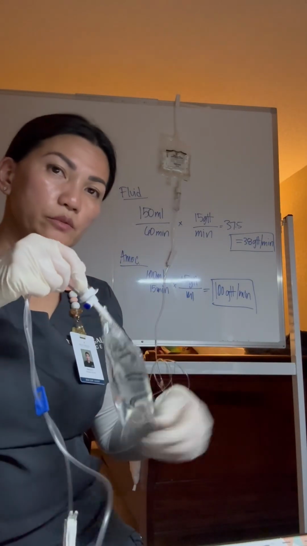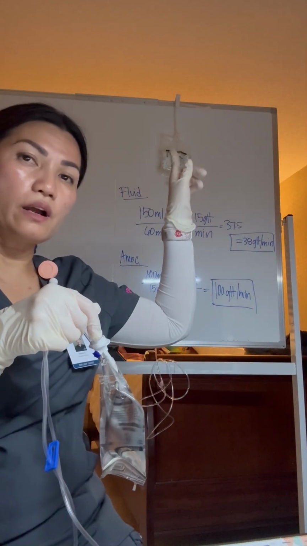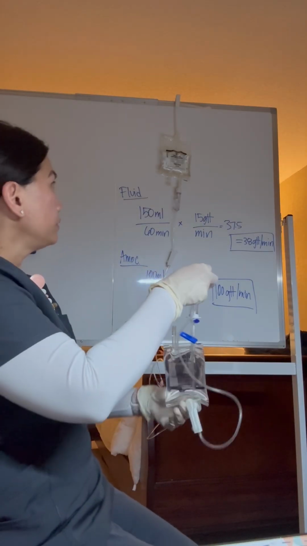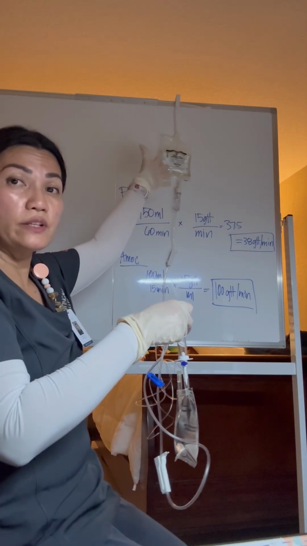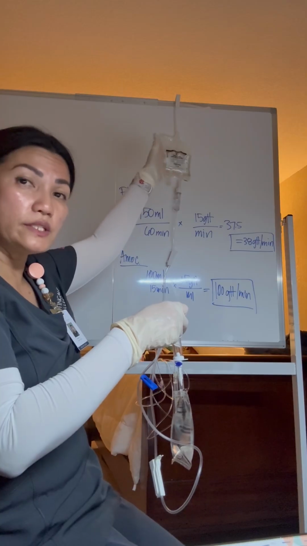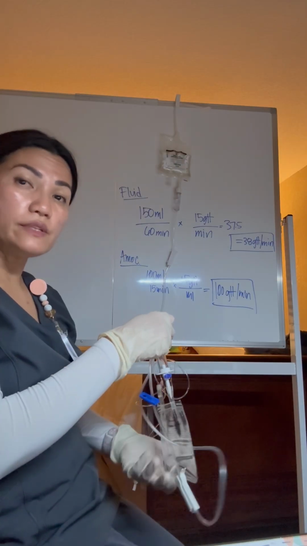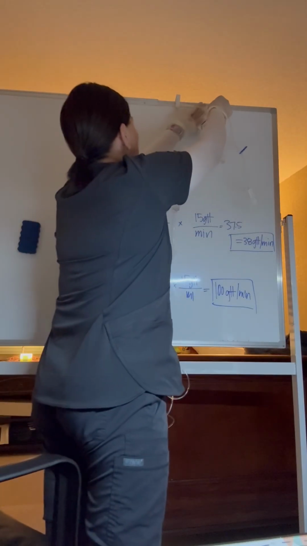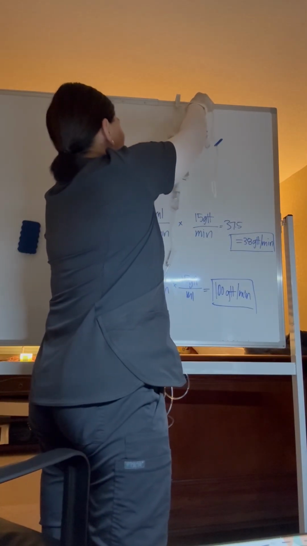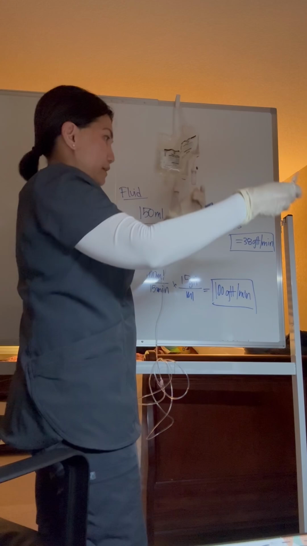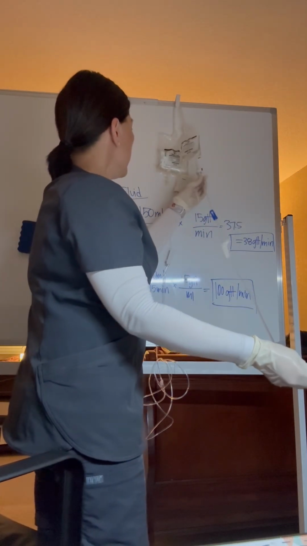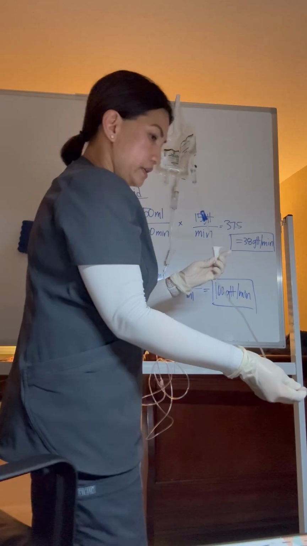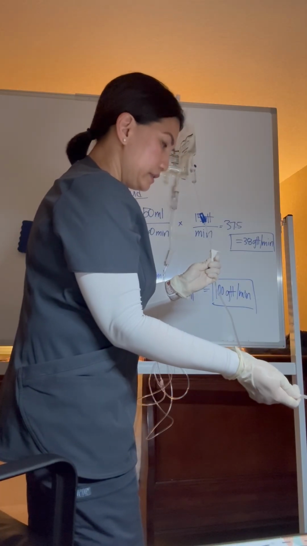So this bag will be going higher than our main solution. And like I said, we want to make sure that this is about 36 inches above the IV site. So we're going to go ahead and hang this. And the same thing, fill the chamber halfway. And then we're going to prime the line.